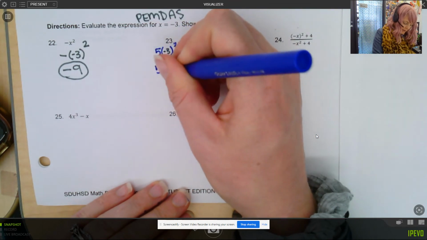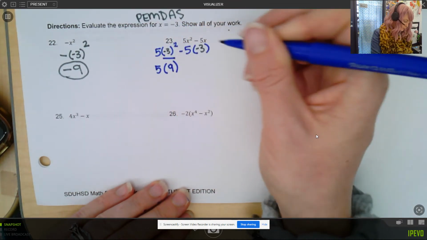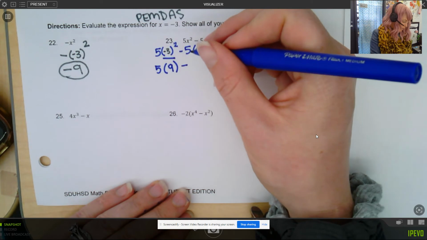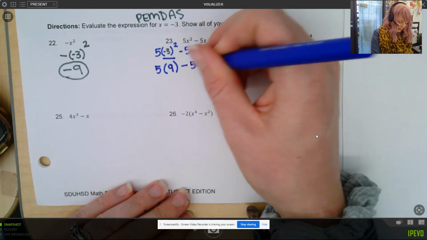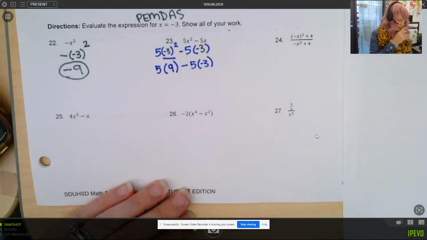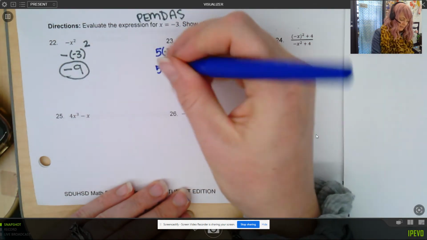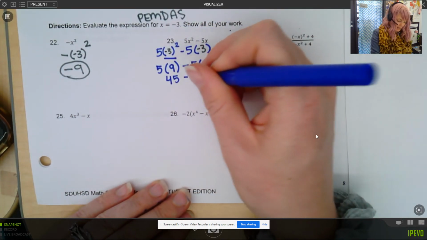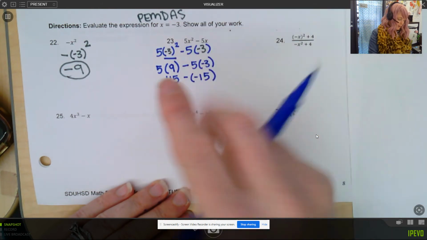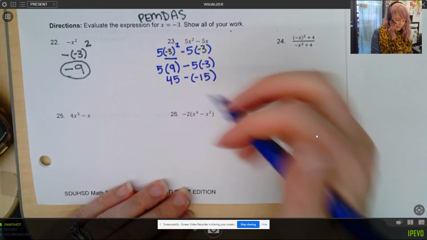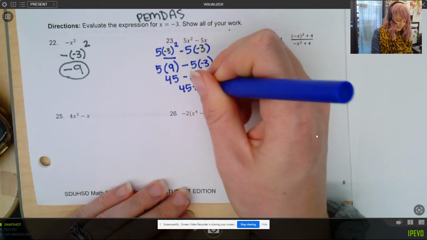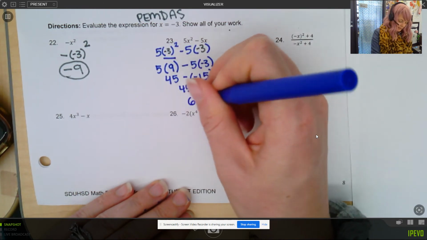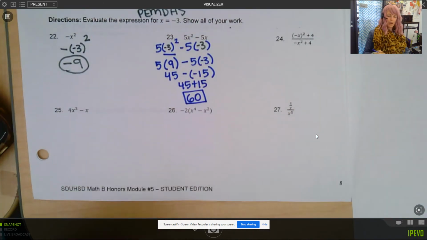So this is 5, negative 3 times negative 3 is 9, minus 5 times negative 3. Now we can do our multiplication. 5 times 9 is 45. Minus 5 times negative 3 is negative 15. 45 minus negative 15, remember, is 45 plus 15, which gets you 60. Please circle or box your answer.